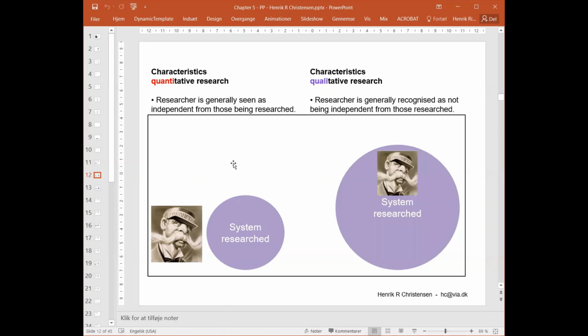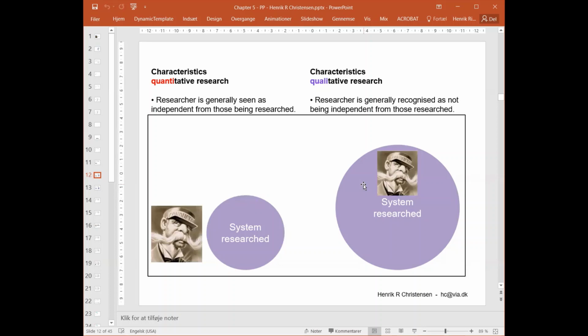And if we look at the qualitative research process, here you can see that the researcher is part of the system that the researcher is investigating. And of course, we can all see that over here, this clearly points to positivism, and this clearly points to interpretivism. So we have these ideas about where we find good research tactics.